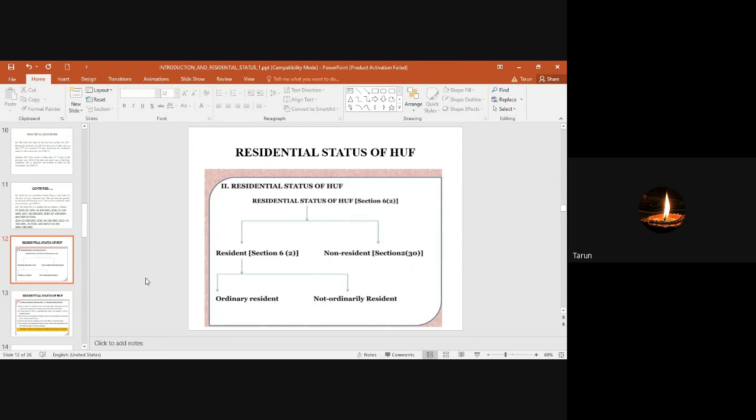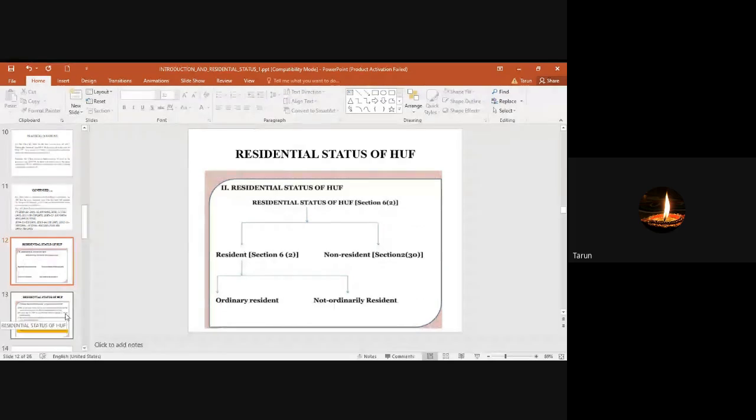It is categorized into two: resident under section 6 subsection 3, and non-resident. And resident is classified into two categories: ordinary resident and not ordinary resident. The conditions for these are very easy. There's no difficulty at all.